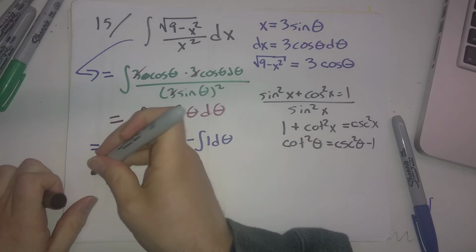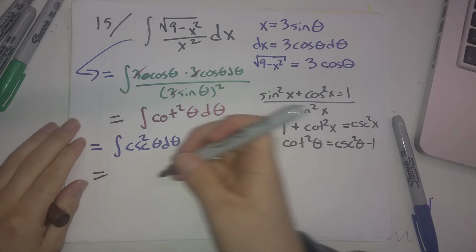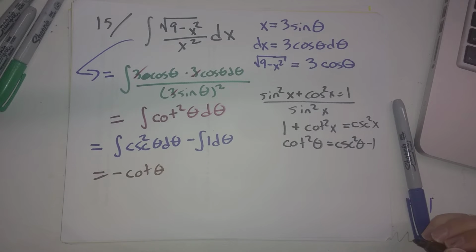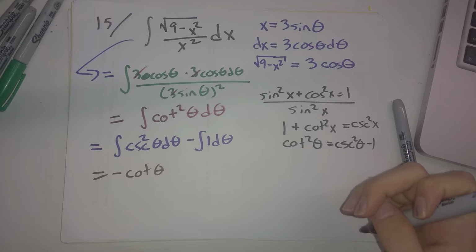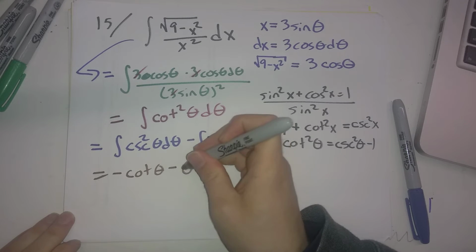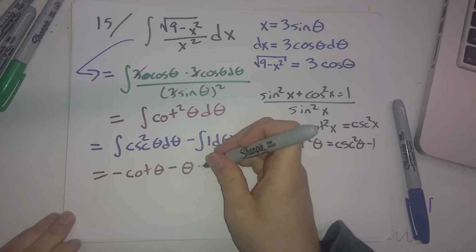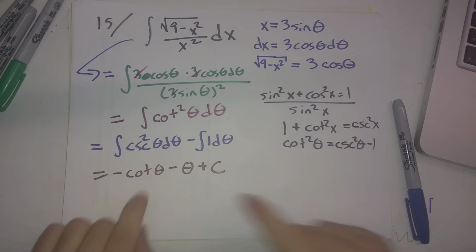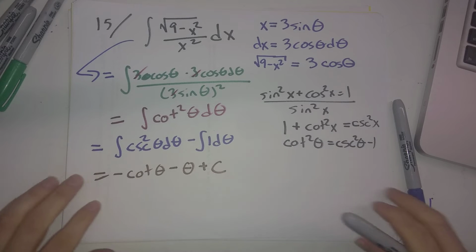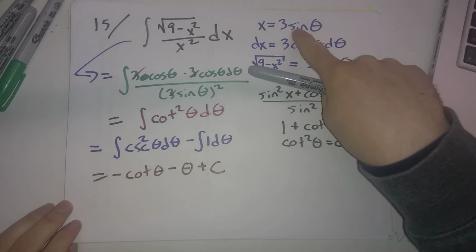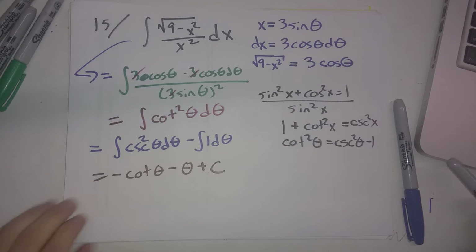The antiderivative of cosecant squared theta is negative cotangent theta, because the derivative of cotangent theta is negative cosecant squared theta. Minus theta plus c. So in some sense we are done here, except that we have to substitute back in everything here.